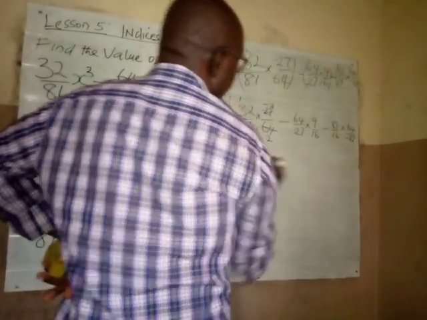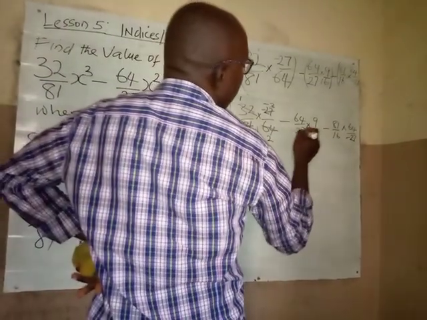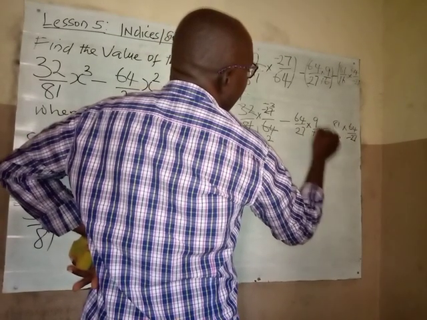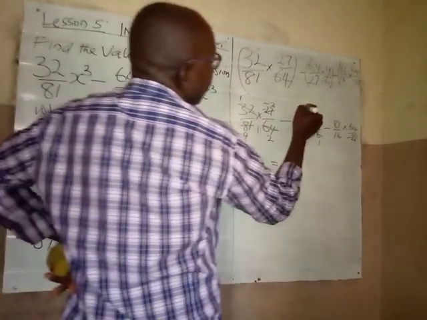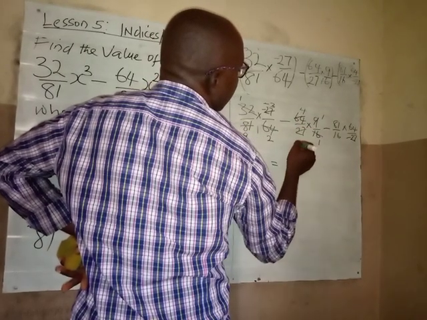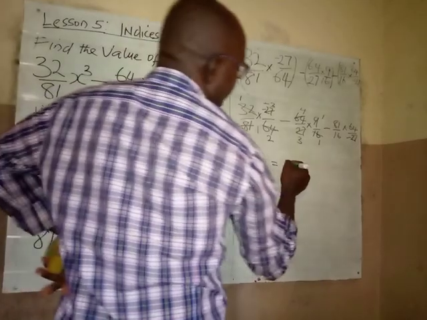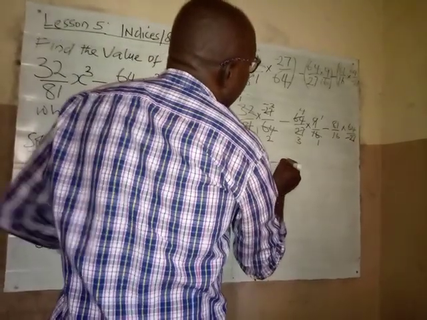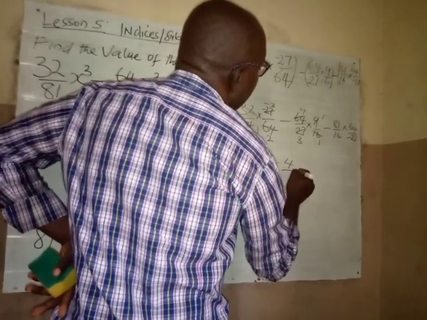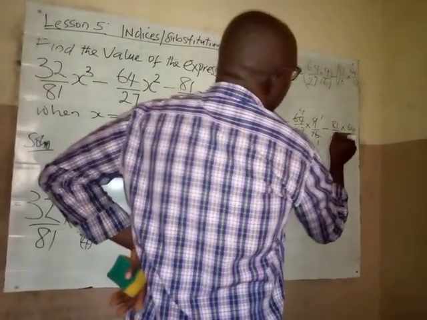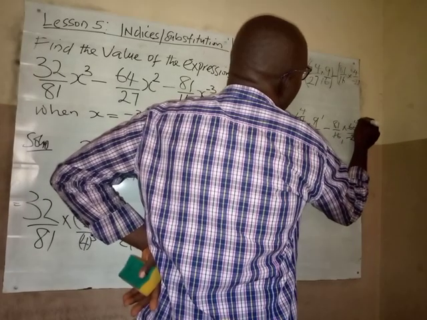Then I can reduce this one also. 16 goes here 1, 16 goes here will give me 4. Then 9 goes here 1, 9 goes here will give me 3. So I have minus 4 over 3. Then I can reduce this one also. 16 goes here 1, 16 goes here 4.